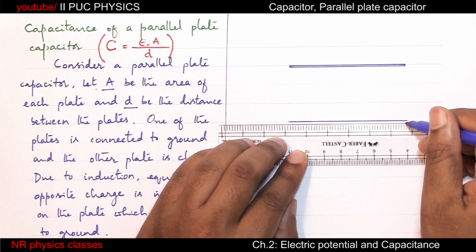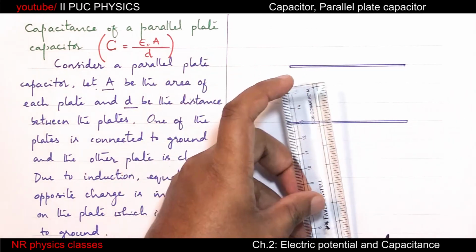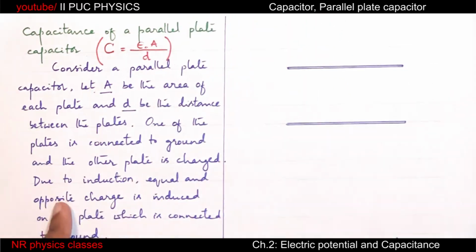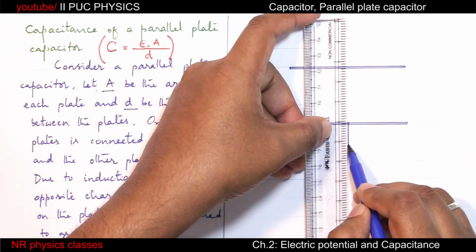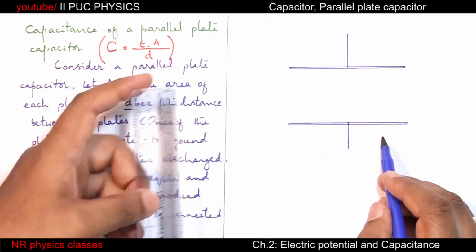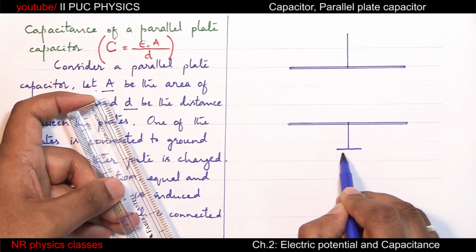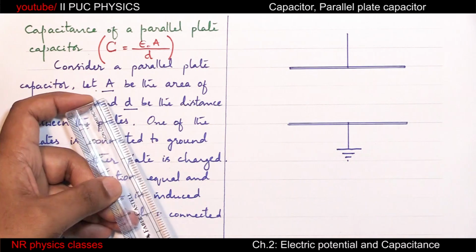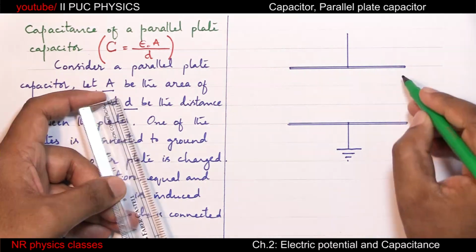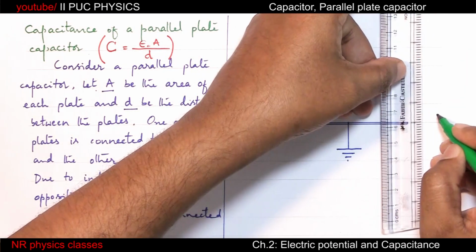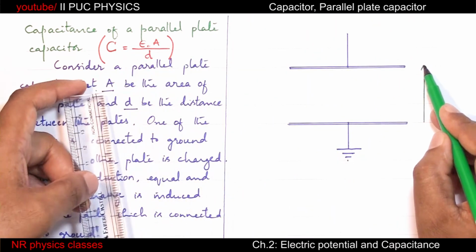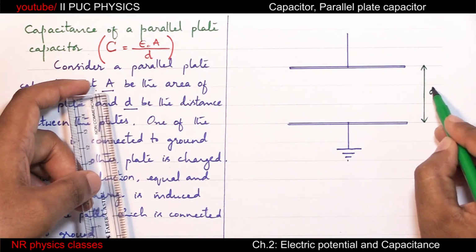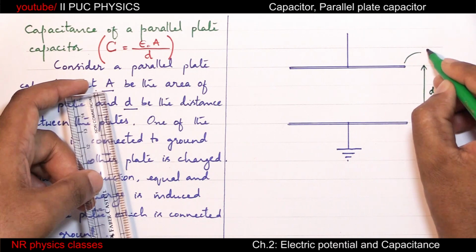These two are two metal plates. One of the plates is connected to ground. This is the ground symbol. The distance between these two plates is small d, and the area of each plate is A.